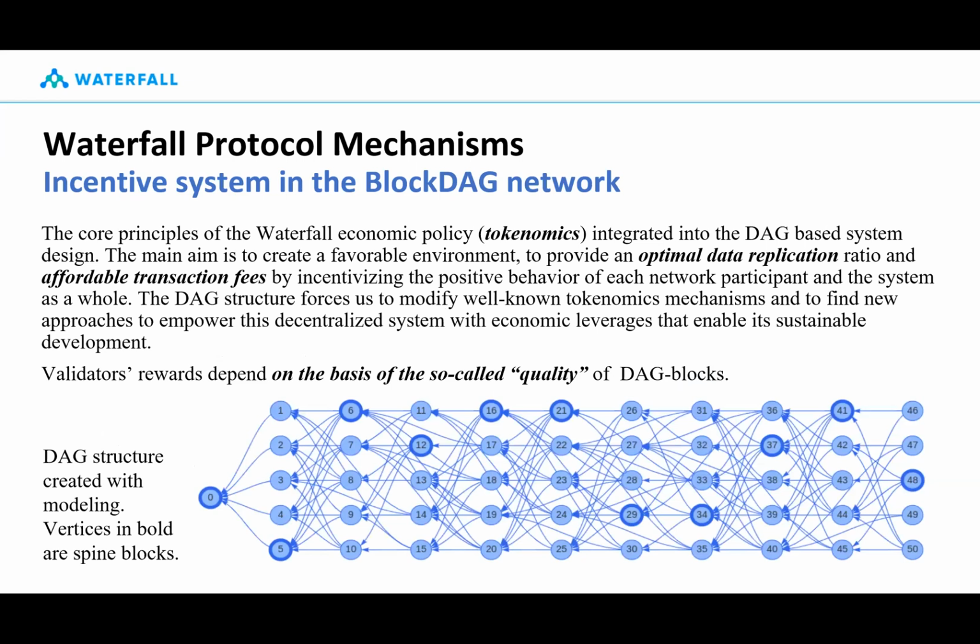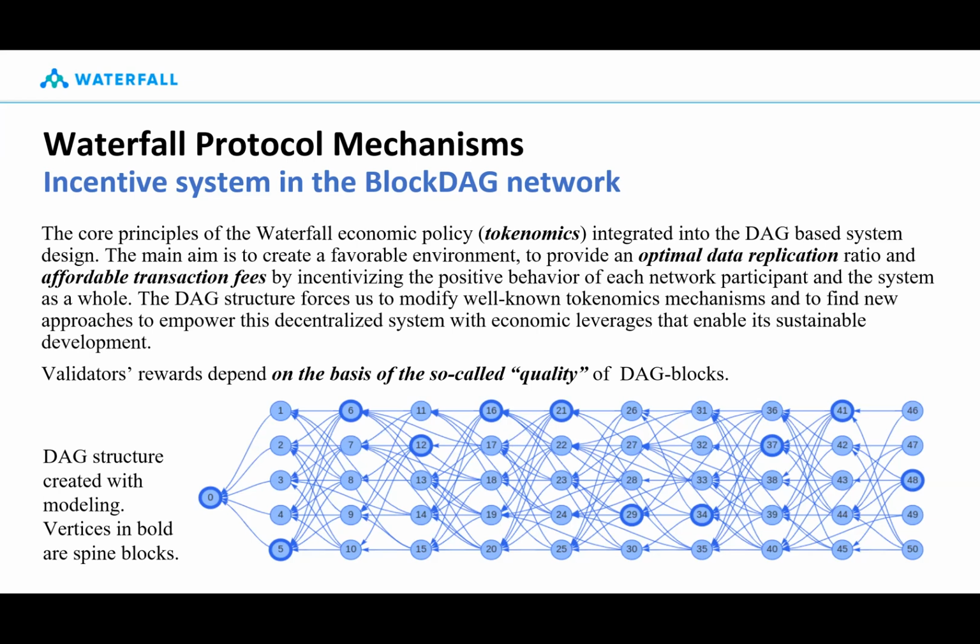Waterfall's core tokenomics policy is integrated into the DAG-based system design. Nodes are financially incentivized to create additional communication channels in the information network. The aim is to optimize the ratio of data replication with affordable transaction fees by incentivizing the positive behavior of each network participant and of the system as a whole. The DAG structure forces us to modify tokenomics mechanisms to empower the system with economic leverages for its sustainable development.